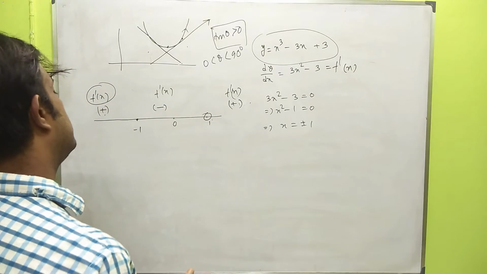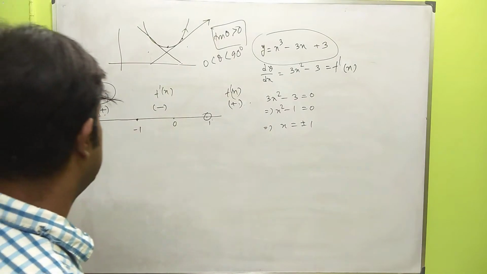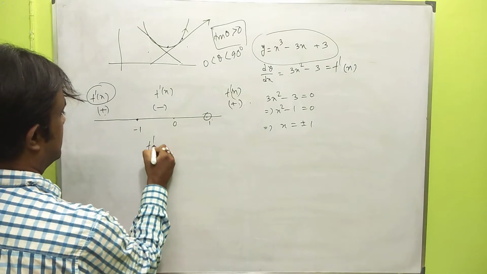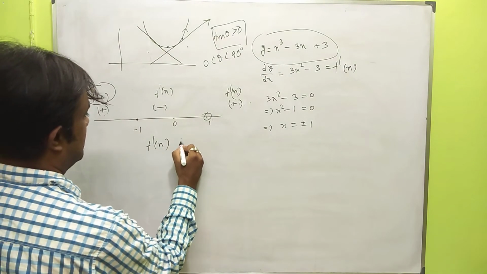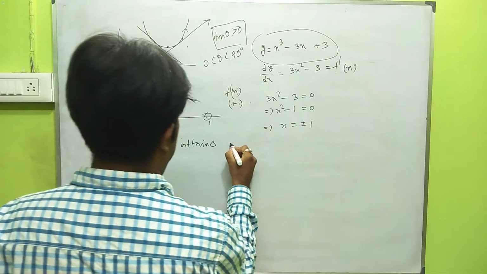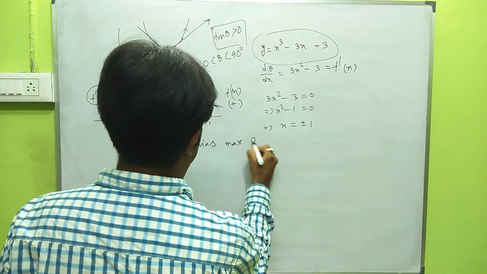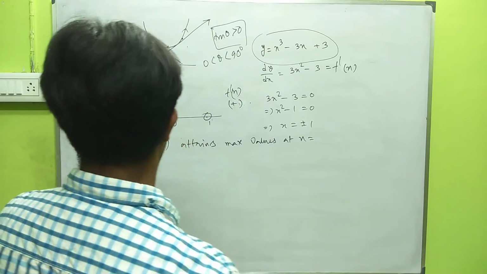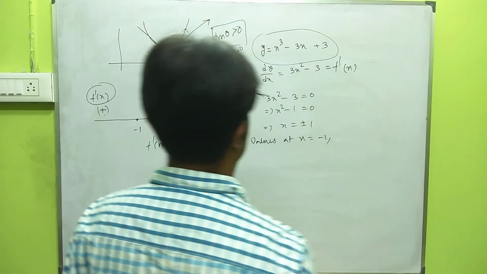So at the conclusion of this sum, we prove that f(x) attains maximum value at x is equal to -1.